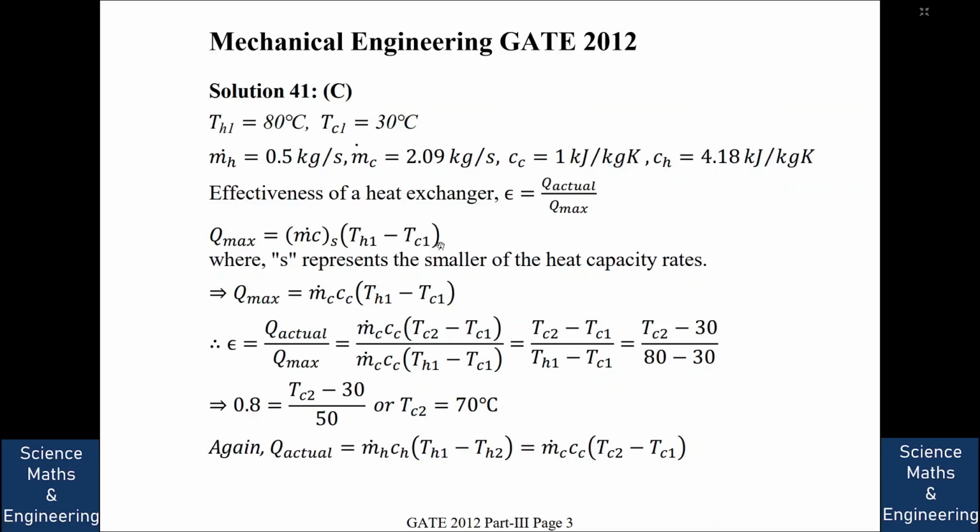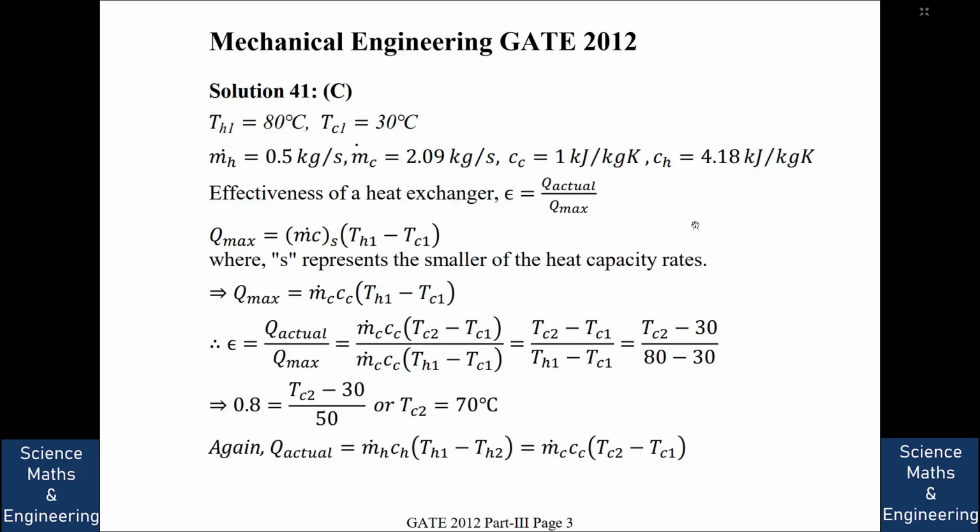That means the cold air can become from 30 degrees to 80 degrees, and the hot water can become from 80 degrees to 30 degrees. So that difference can only be attained by the one which has lower heat capacity. So Q max is equal to m dot c, the smaller heat capacity, into Th1 minus Tc1.